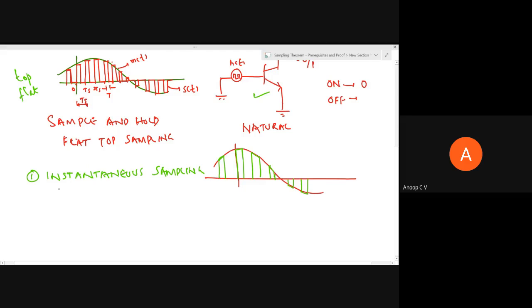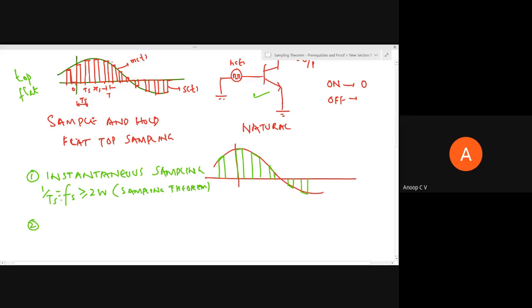When I say instantaneous sampling, you will be sampling the signal at a rate fs, or 1 by Ts, greater than or equal to 2W according to our sampling theorem. We choose the sampling rate depending upon the maximum frequency content of the signal to be sampled. So we'll get the instantaneous samples. That is the first step.